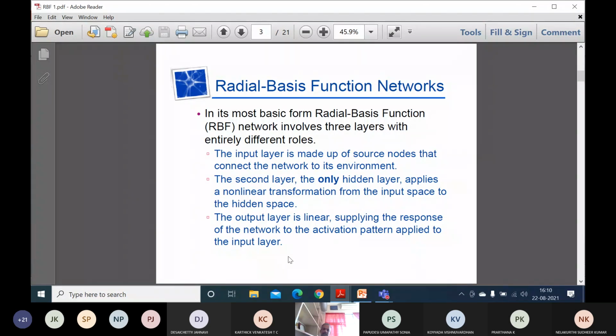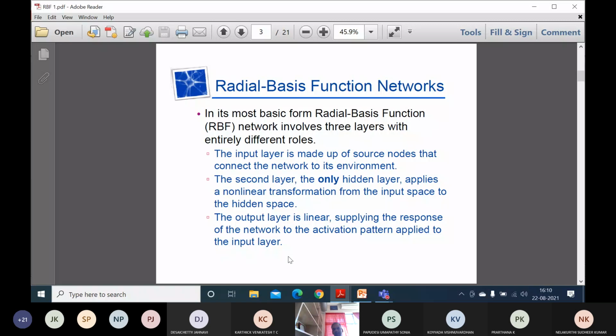In back propagation and in multi-layer perceptron, the hidden layer consists of only linear transformations, or the hidden layer is linear in nature. Not only the hidden layer, the input layer, the hidden layer, and the output layer are all linear in nature.